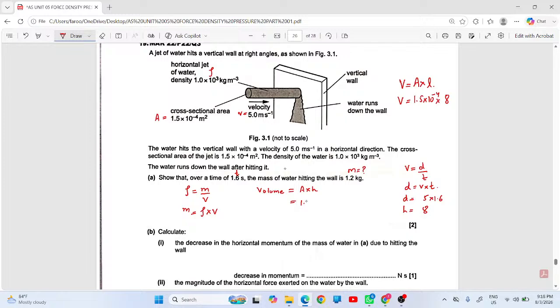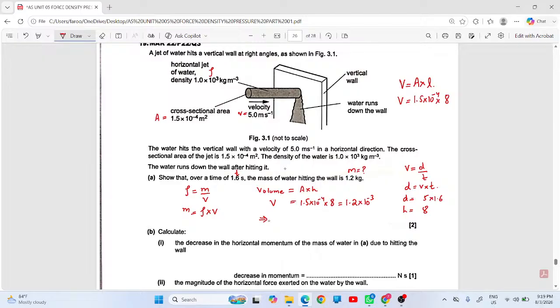Area is 1.5 × 10 raised to power minus 4 into 8, acha 1.2 × 10 raised to power minus 3. Okay, now we know the value of volume.